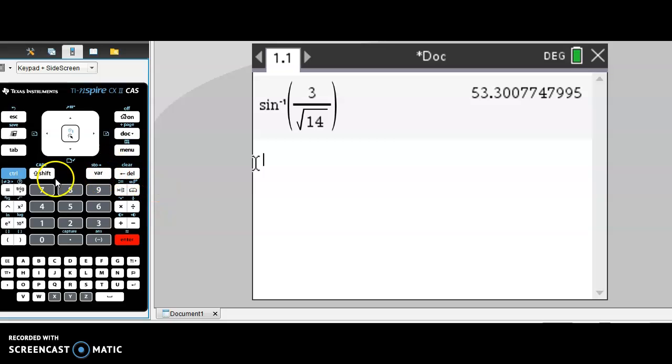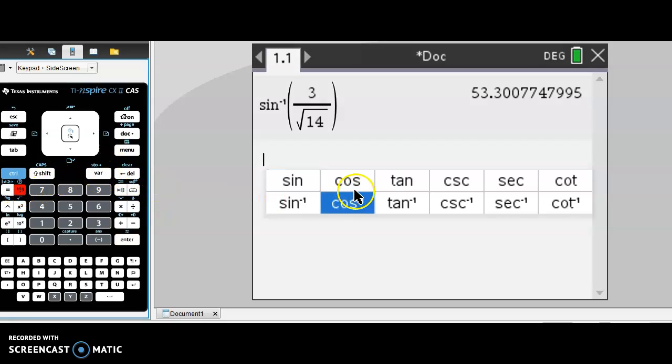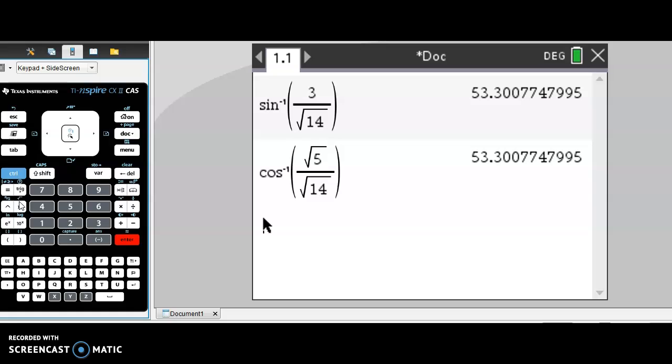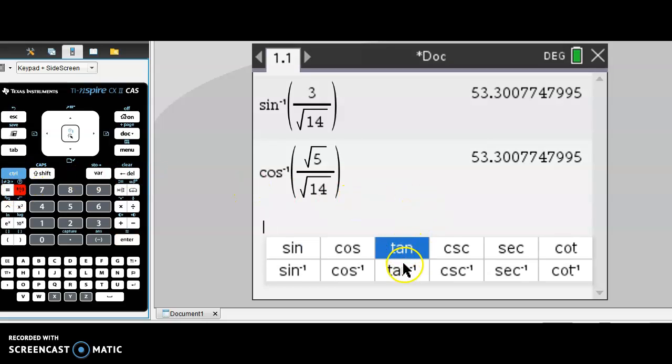The alternative was to use the cos button. Remember, it's the same triangle, but this time we have root 5 divided by root 14, square root 14, press enter, and we should get 53. And I might as well do the last one, and that's tan theta.